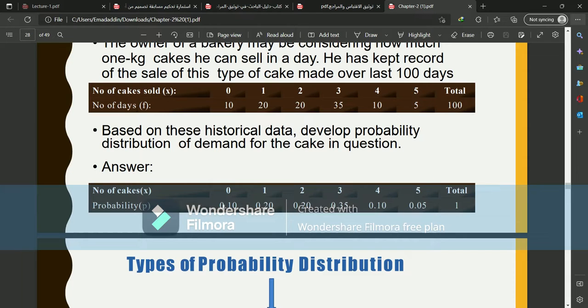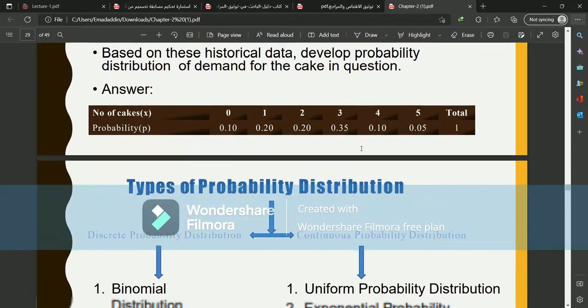And the number of days, which is f: 10 days, 20, 20, 35, 10, and 5. That will be a total of 100. Based on these historical data, develop a probability distribution of demand for the cake in question.